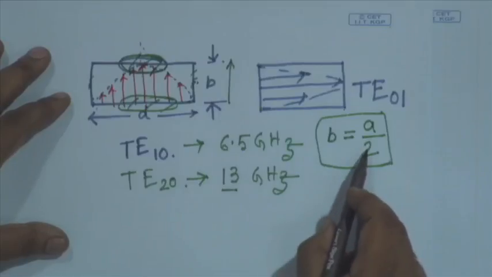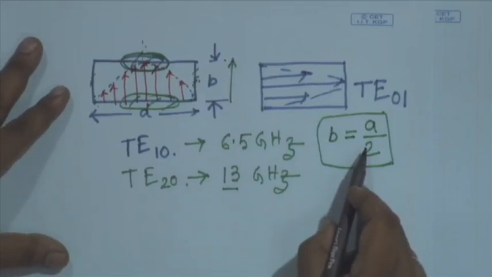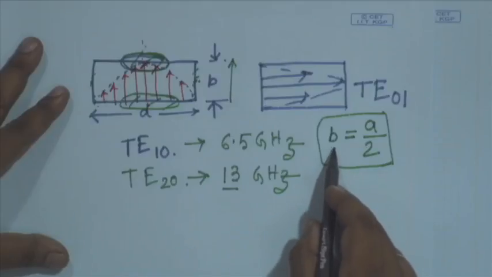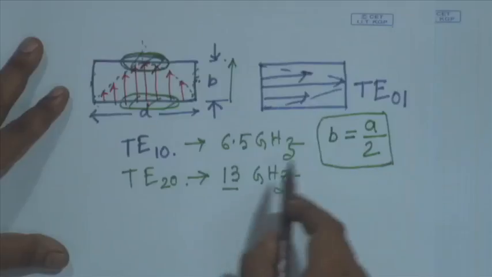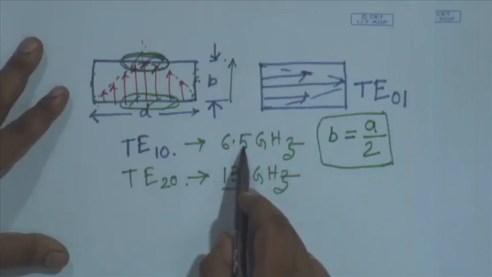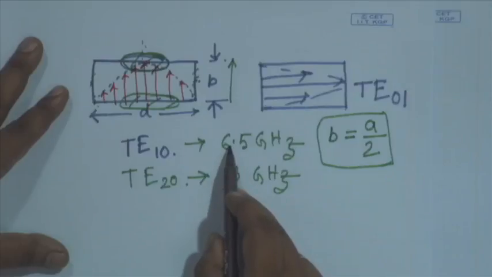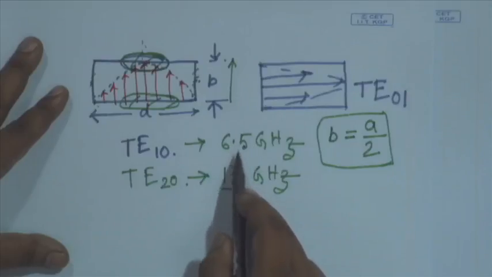That is why for a standard rectangular waveguide, we always have B equal to A by 2.